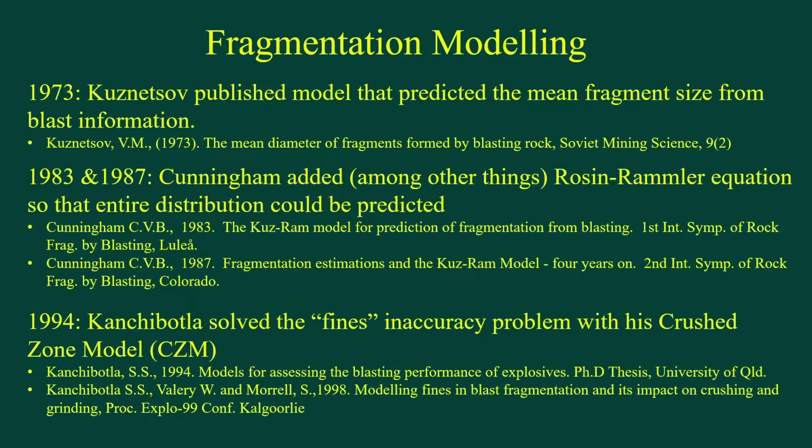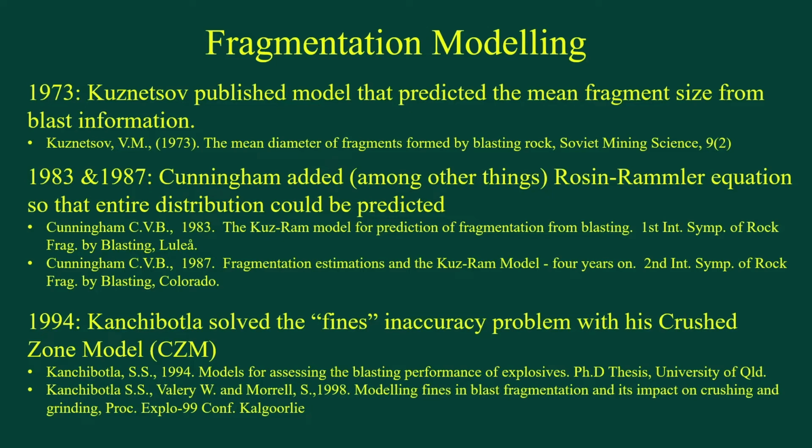And Sharma noticed, as a number of other researchers did, that the Kuz-Ram model, although it was very, very good, was effectively blind down at the fine end of the distribution. Now, the fine end of the distribution from a mining perspective is effectively our distribution from a comminution viewpoint. It's where we are most interested in getting detail, and the Kuz-Ram model was not very good at providing that detail.